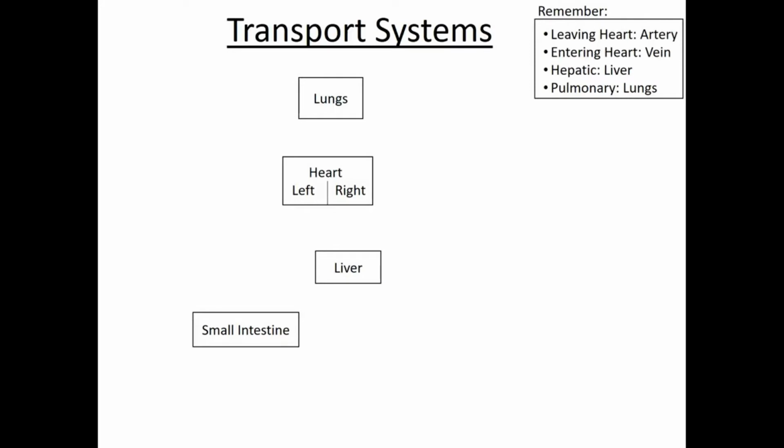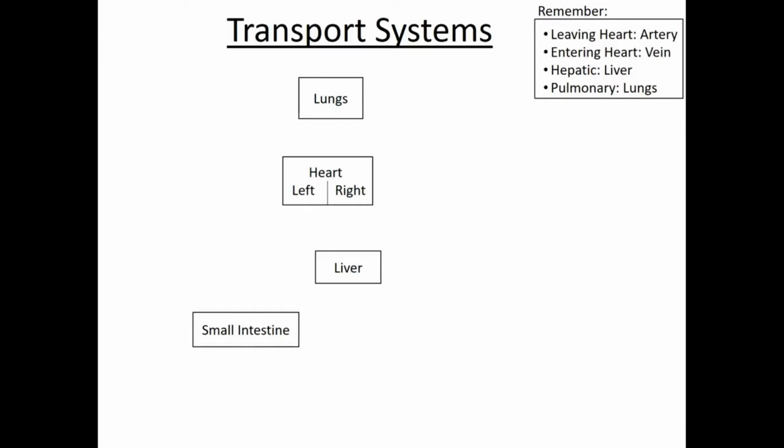If it's entering your heart, it will usually be entering as a vein. Another thing to remember is anytime you hear the word hepatic, it's referring to your liver. Anytime you hear the word pulmonary, it's referring to your lungs. So now that we have those tips down, let's go ahead and take a look at the different steps of the vascular system and how we can put these tips to use.